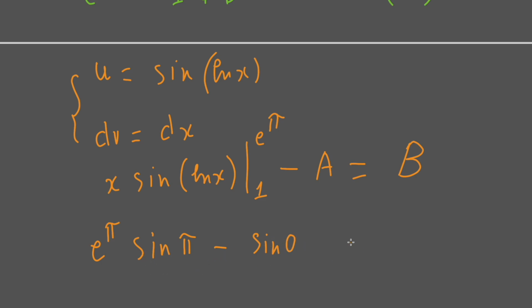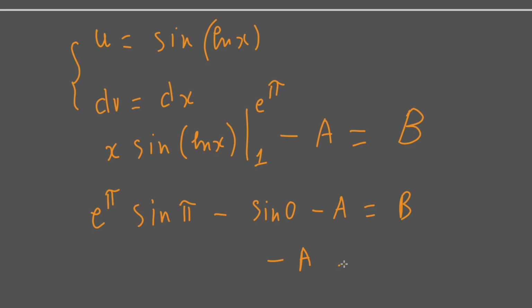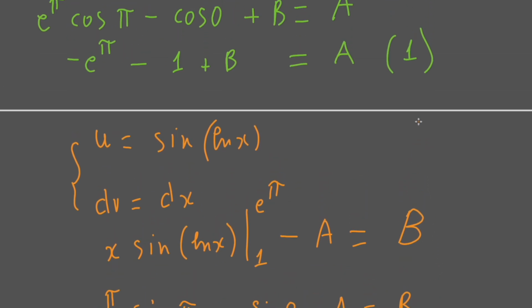Then that is 0, then negative A will be equal to B. That is the second equation.